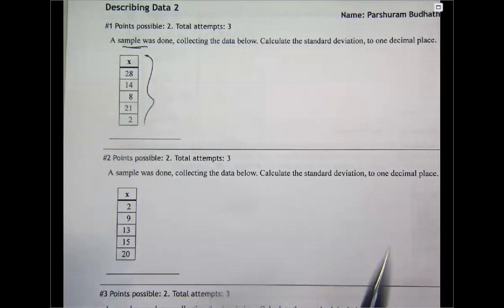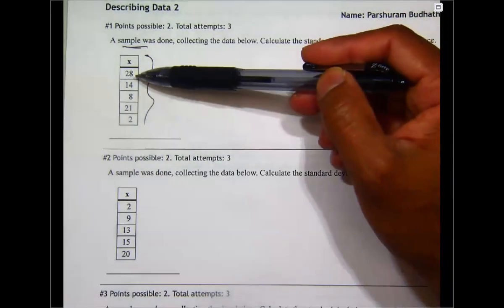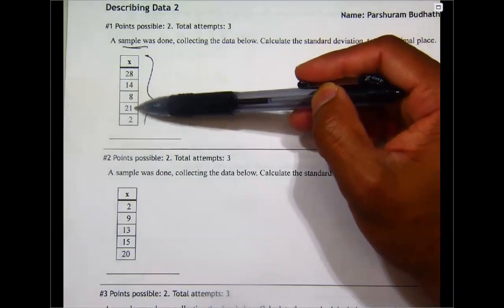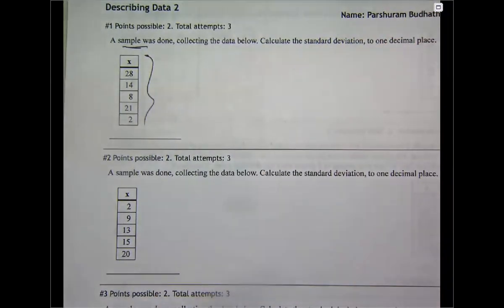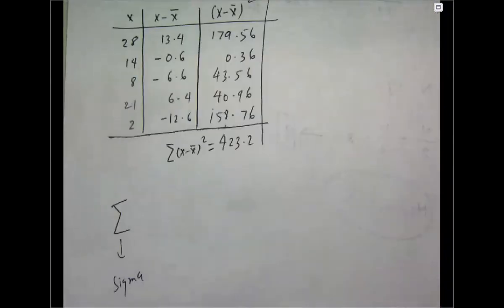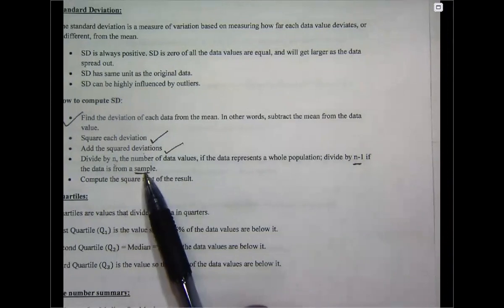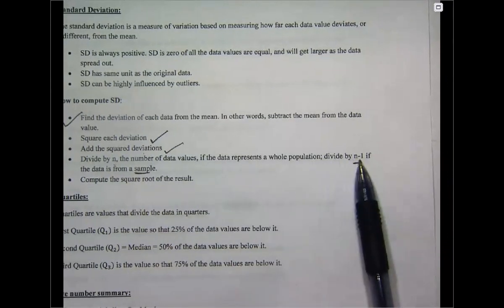So for this particular problem, what is the value of n? N means the total number of data. 1, 2, 3, 4, 5. So the value of n is 5. But if it's a sample, you have to divide by n minus 1, which is 4.